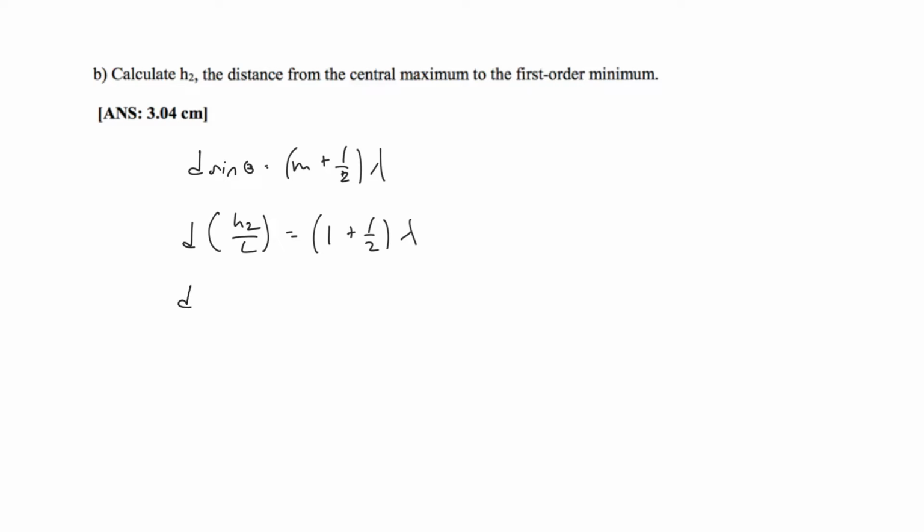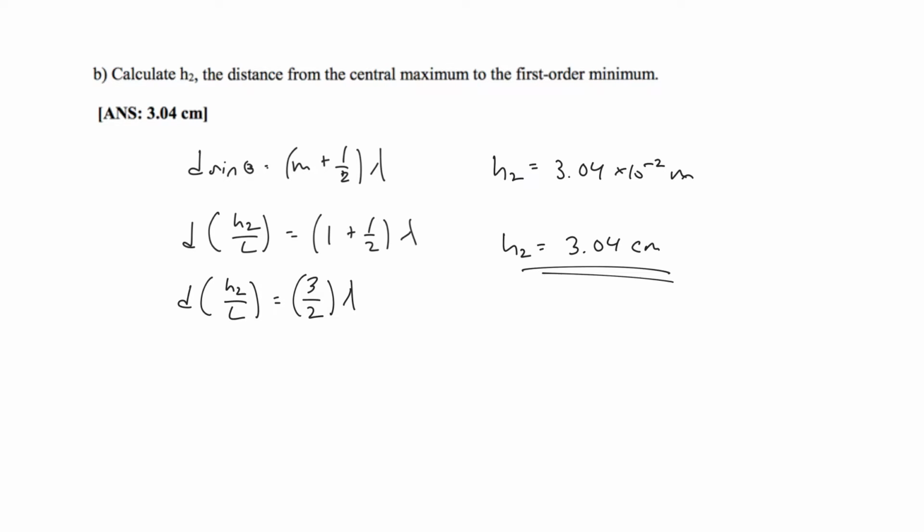Okay, so now we have d times h2 over L equals 3/2 times lambda. And if you solve for h2, we get 3.04 times 10 to the negative 2 meters, or 3.04 centimeters. So that's 1B.